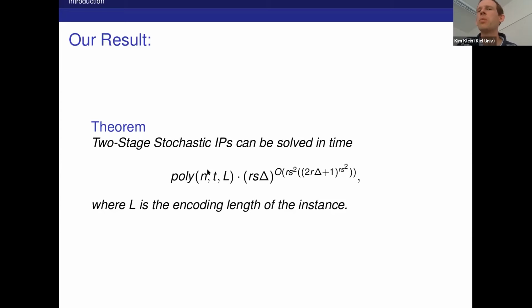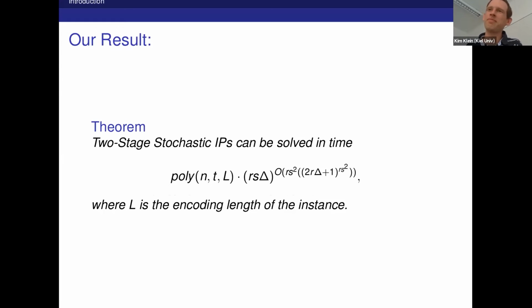So the running time in total is only polynomial in n and t, and the encoding length L. So this is a double exponential bound, but we probably cannot improve upon it. It's still worse than n-fold if you compare, but it seems like those kinds of IPs are definitely harder to solve than n-folds.